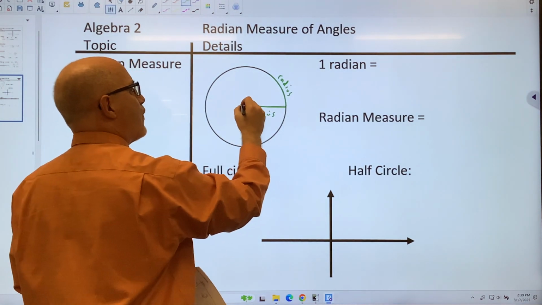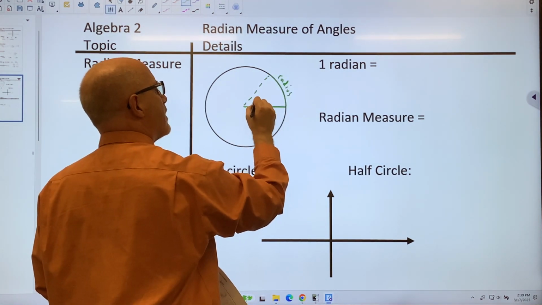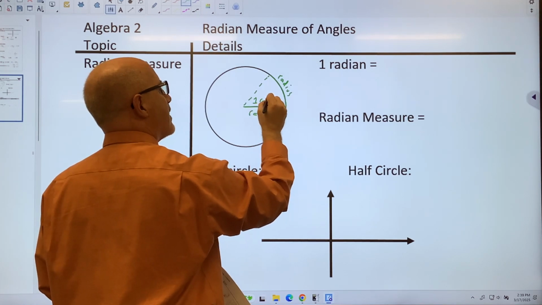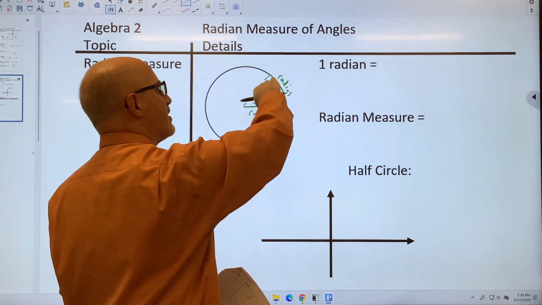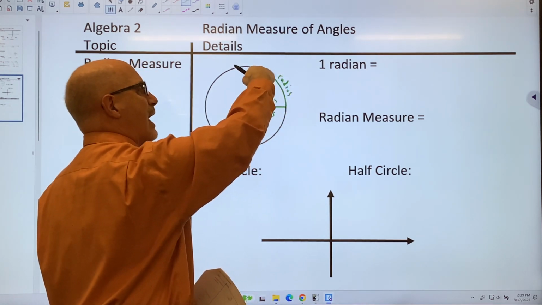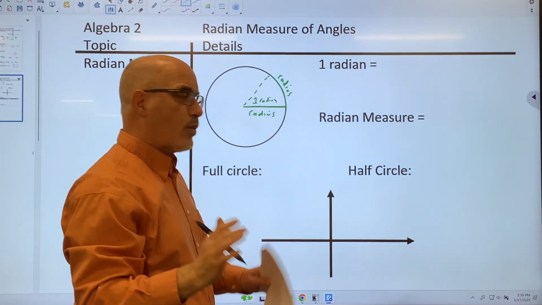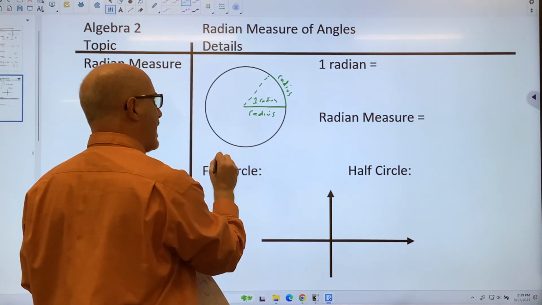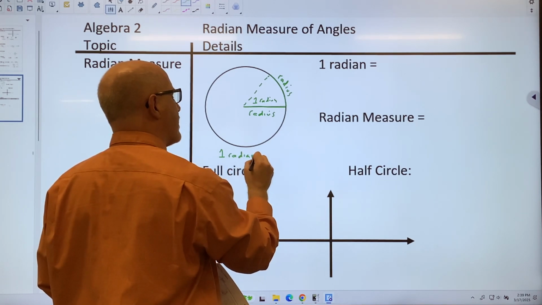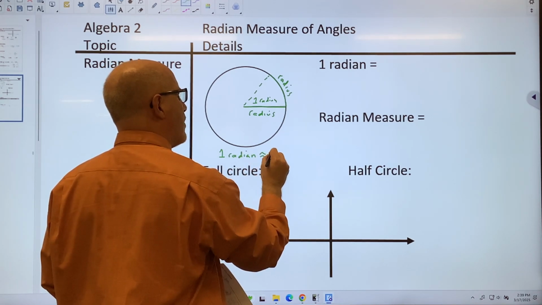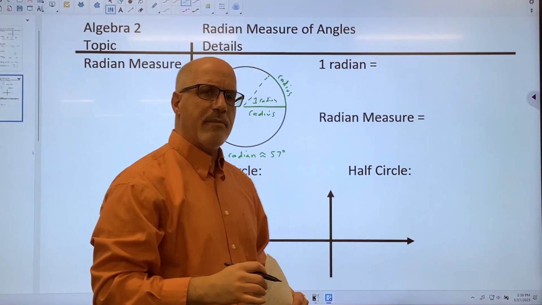The angle that's formed there is 1 radian. So when the angle goes up to the circle and has the arc length being the same as the radius, that's 1 radian. In terms of what we're familiar with, 1 radian is about 57 degrees in degree measure.